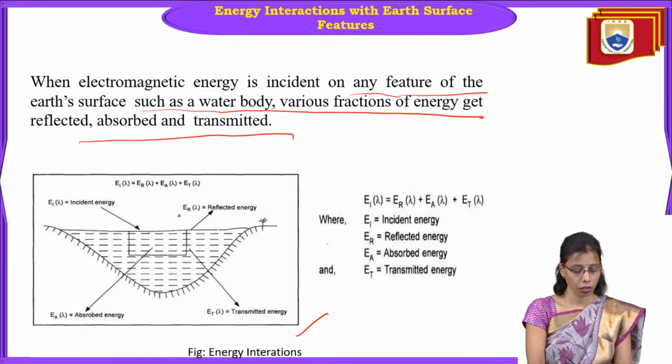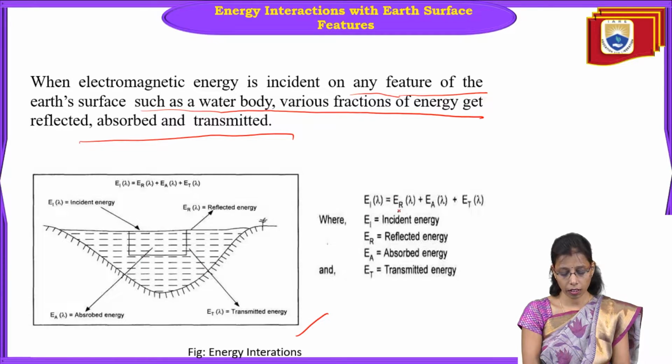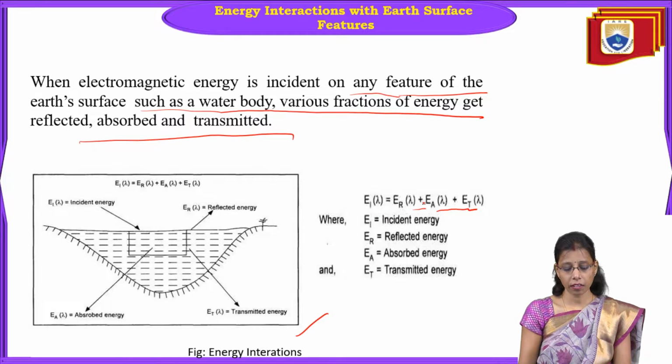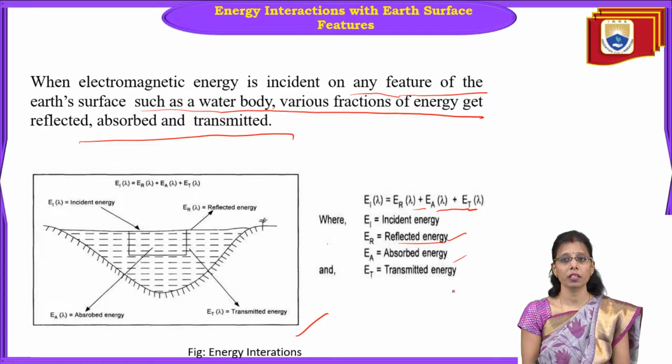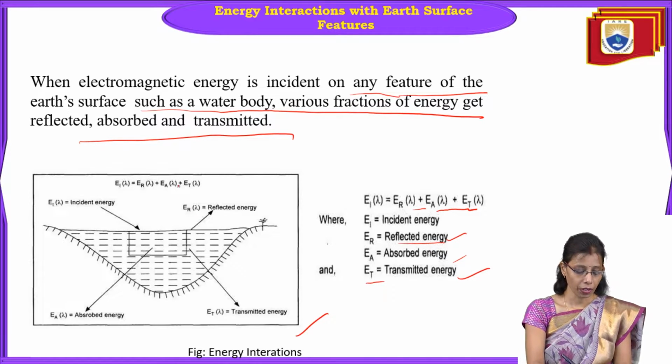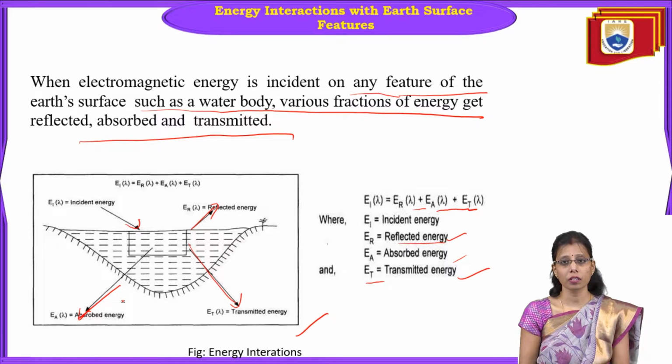EI is equal to ER plus EA plus ET, where EI is the incident energy, ER is the reflected energy, EA is the absorbed energy, and ET is the transmitted energy. When energy falls on the Earth surface, reflection, transmission and absorption take place.